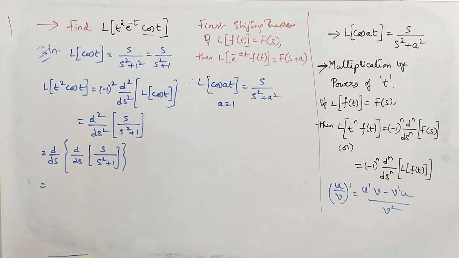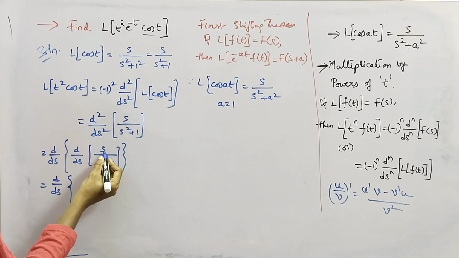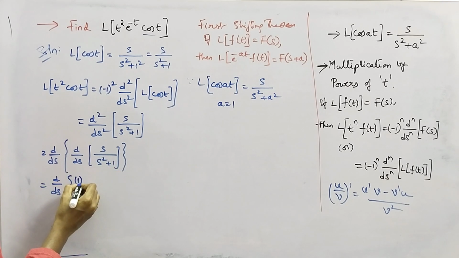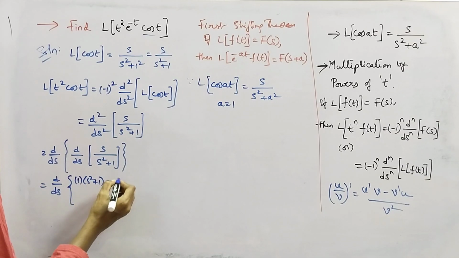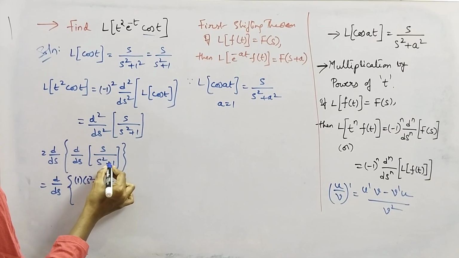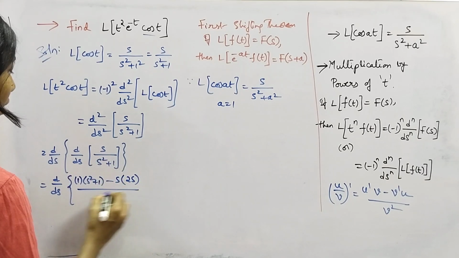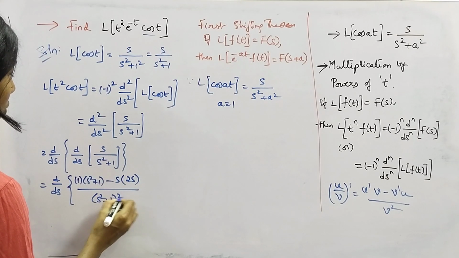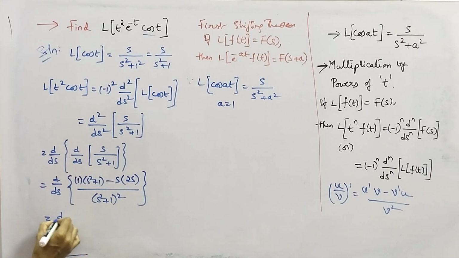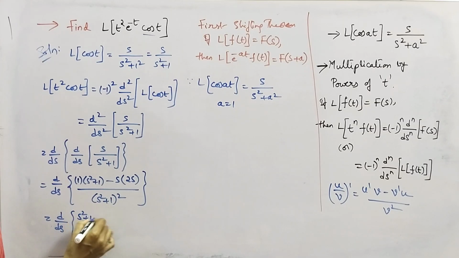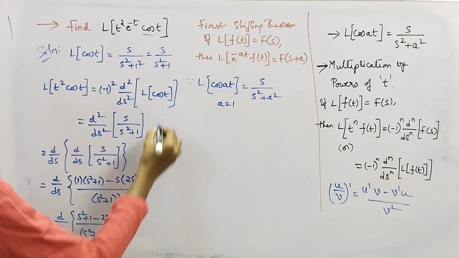Using the u by v whole prime formula, you'll get derivative of s with respect to s is 1 into s square plus 1 minus s into derivative of s square plus 1 with respect to s is 2s, right, by s square plus 1 whole square, which is equal to 1 into s square plus 1 is s square plus 1 minus s into 2s is 2s square, by s square plus 1 whole square, right?